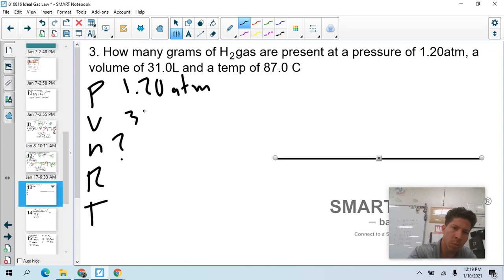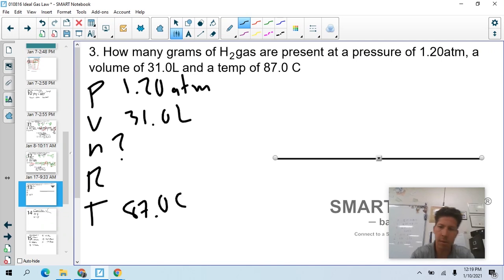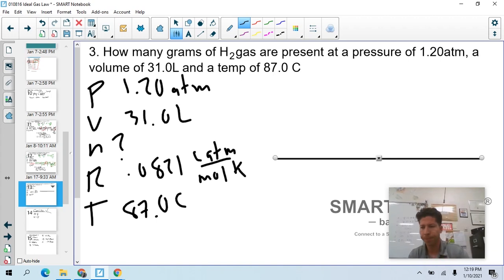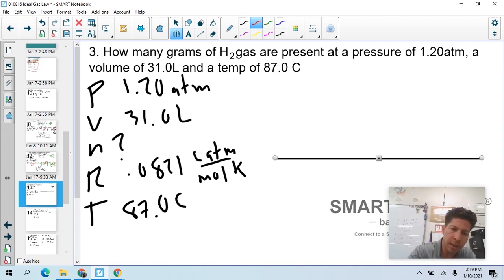Volume is 31.0 liters. And temperature is 87 Celsius. R is 0.0821. Don't forget, guys, convert Celsius into Kelvin. So that turns into 360.